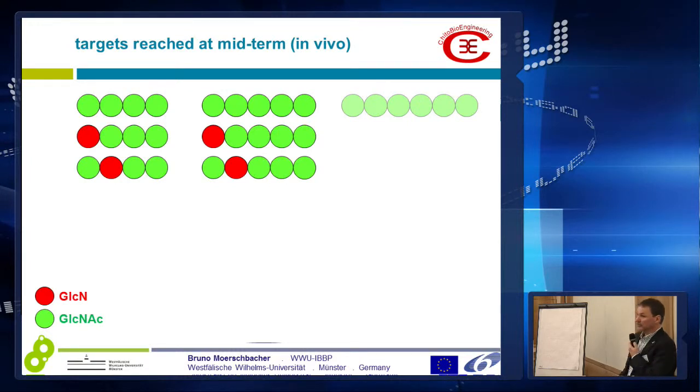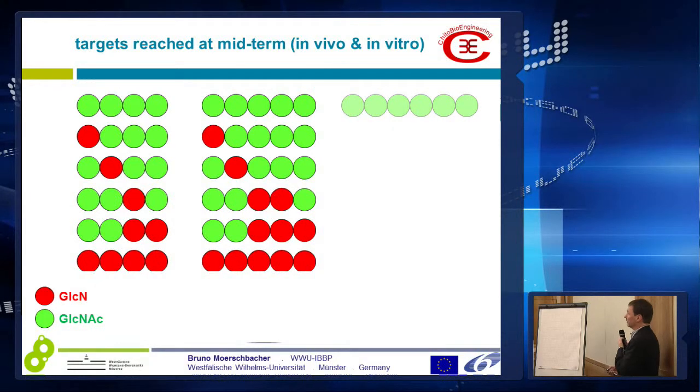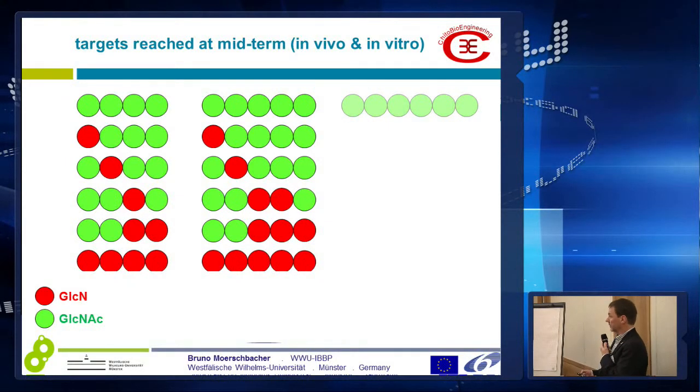In vitro, using our enzymes, at the time we were able to generate a few more different oligomers, a third pattern of acetylation for the monodeacetylated one, but also several oligomers which were fully deacetylated or partially deacetylated, but having different degrees of acetylation, but always a specific pattern of acetylation.